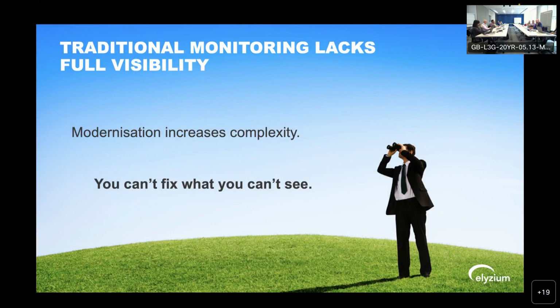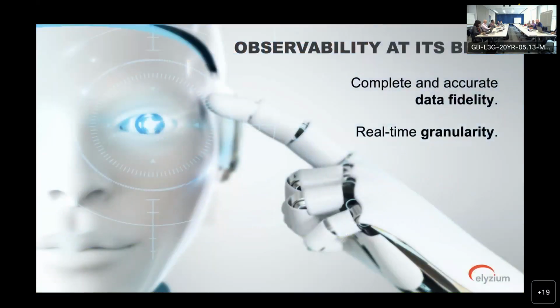So in the modern world, we go beyond monitoring and look at observability. And we can do that at quite a fine level. And we'll see that within IWS, there's now quite a lot of information that you can get out of it that you couldn't get before.